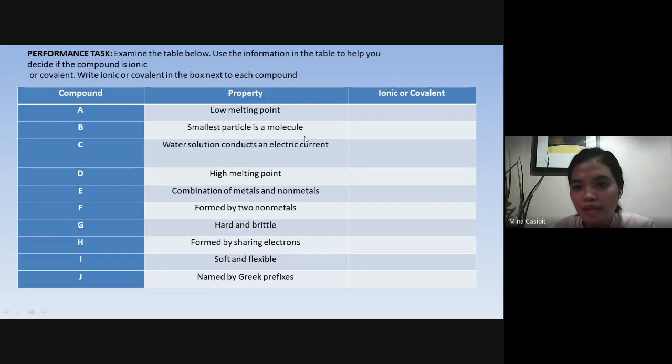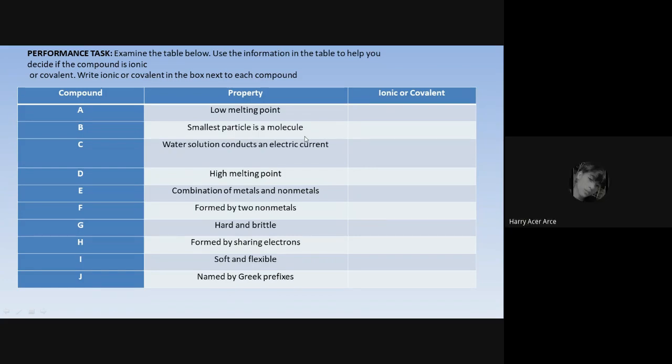Okay, so time's up. Let's check your answer. Number 1, volunteer. Lahat kayo dapat may maisagot dito kasi 10 lang to 11 kayo. Sige, isa-isahin natin. Number 1, volunteer. Harry. Covalent po.